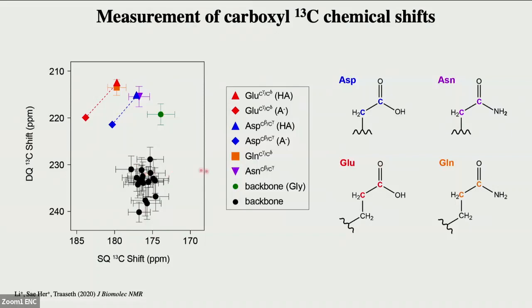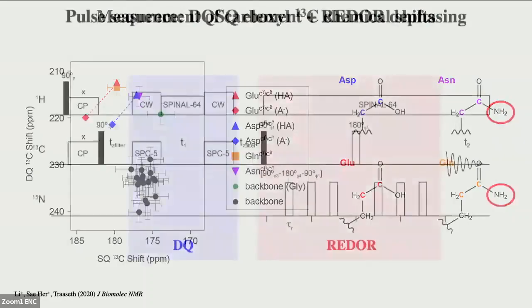These 2 sites also overlap, however, with glutamine and asparagine. As you know, the difference between the asparagine and the glutamine is simply this NH2. So we could apply REDOR dephasing pulses at the end of this double quantum period to try to dephase those signals relative to the ones that we wanted to measure, which was the glutamate signal.